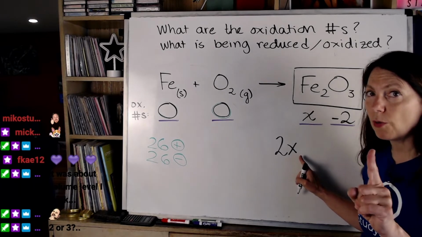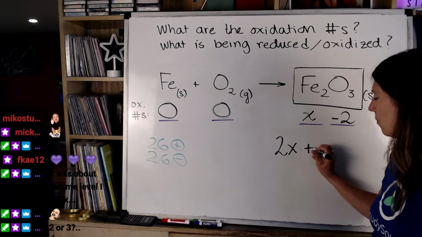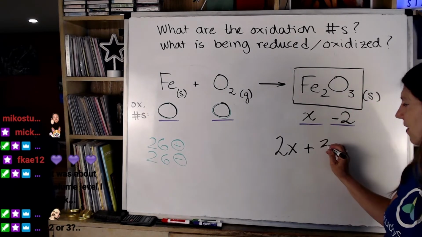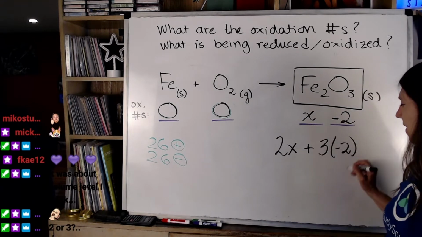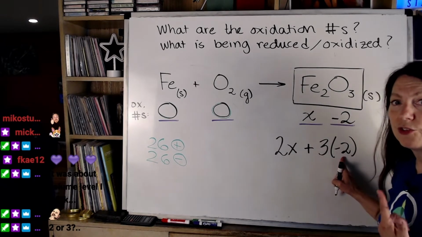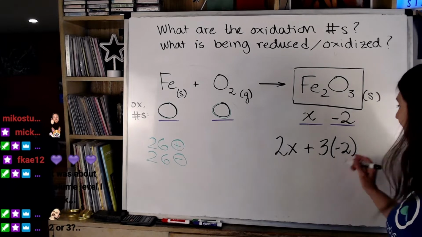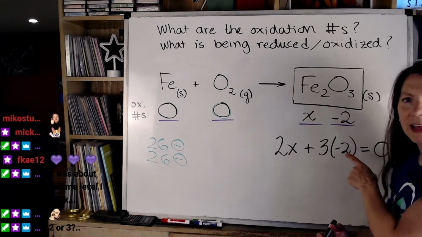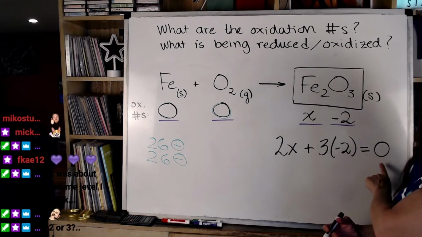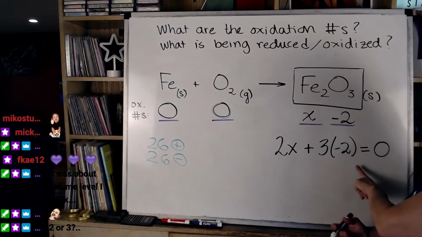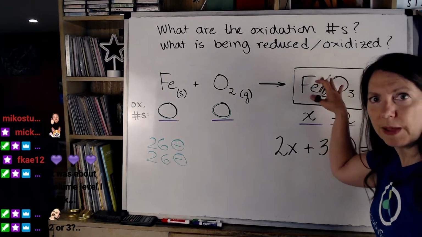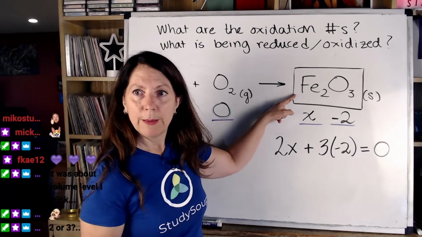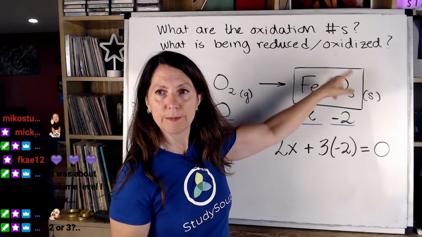But we do know that those have to cancel out with the 3 oxygens, each of them having -2 charge. And if they're going to cancel out, that means that they all add up to equal 0. And this is the overall charge, 0 charge of this whole compound. And again, we know that this compound is neutral because there's no charge up here.